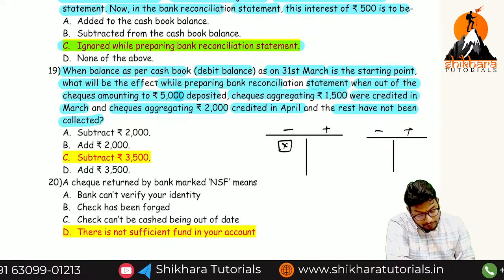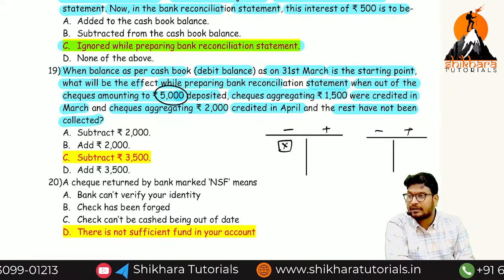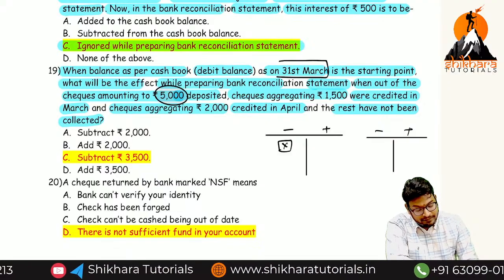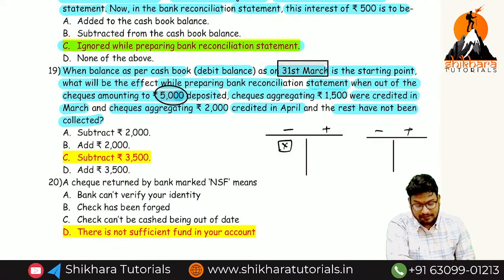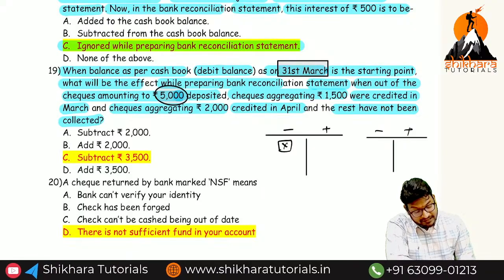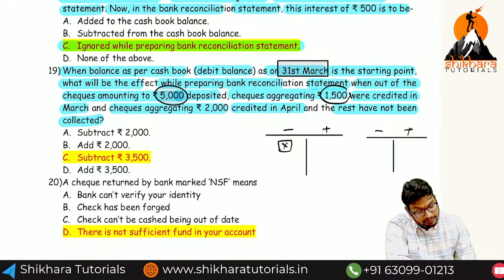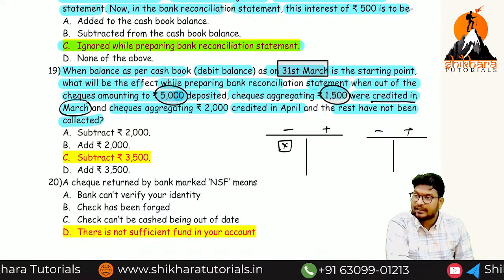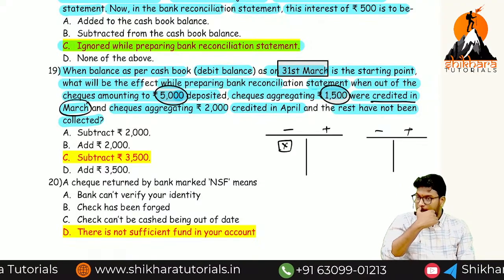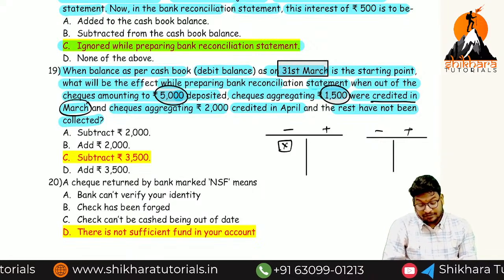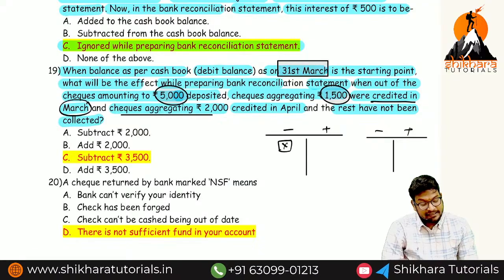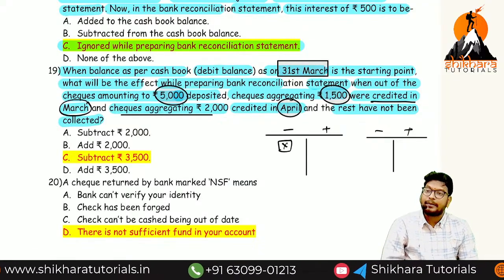So totally how much worth of cheques have you deposited? 5,000. In that 5,000, what is the date of preparation? The date of preparation is 31st March. In this 5,000, 1,500 collected in which month? 1,500 credited in March, collected by the bank. But cheques aggregating 2,000 credited in April. That means it happened in March or not?